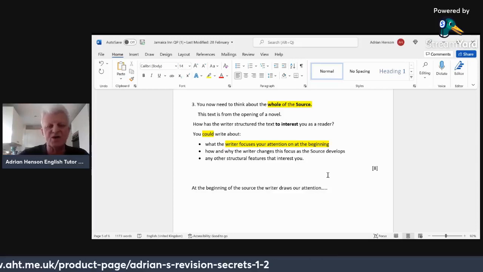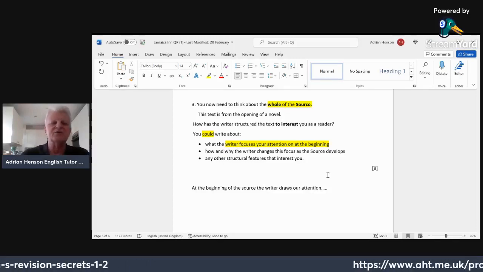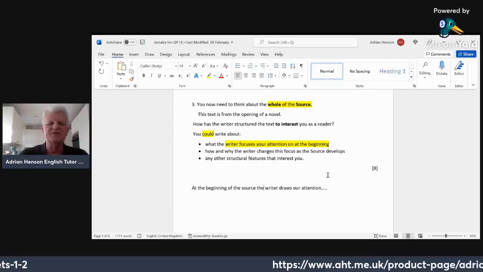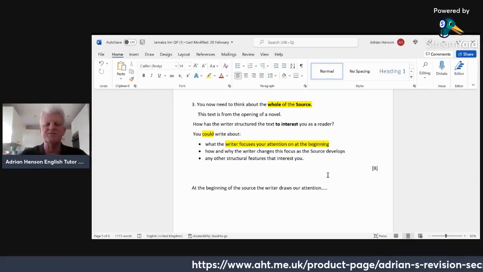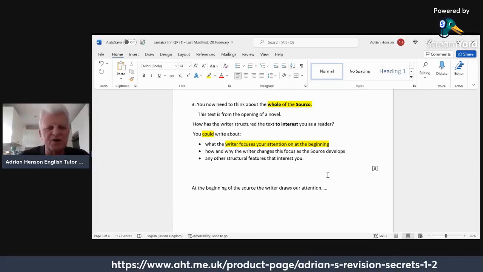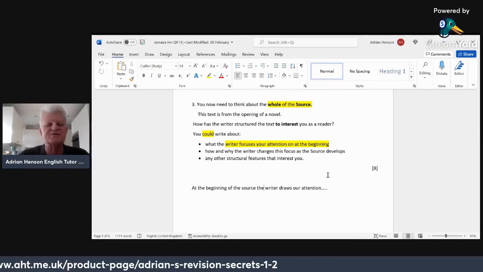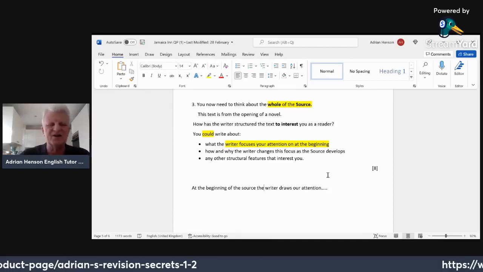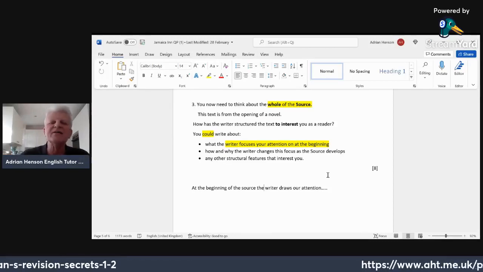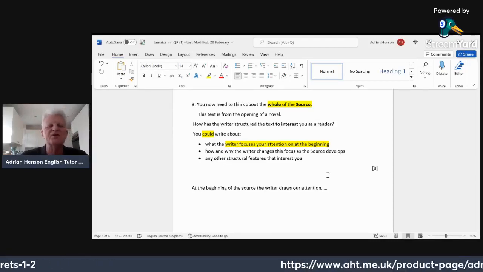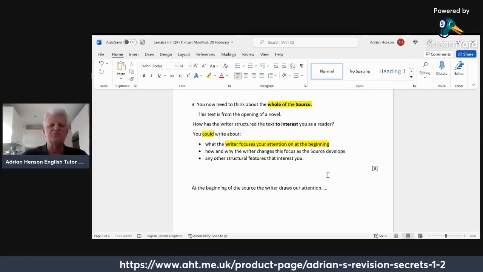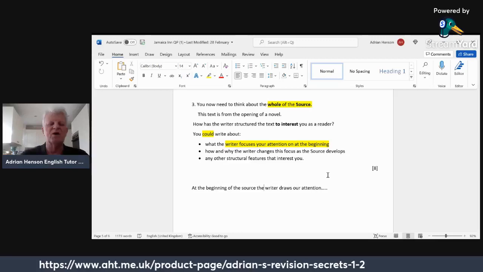So the examiners are trying to get the student to find various elements of techniques in the insert that they read. But my advice is always read the extract and the insert and get the feeling of what that is about. Don't start analyzing straight away. If you start analyzing straight away, you don't get the point. And it is very important to spend time reading the source well to identify things.